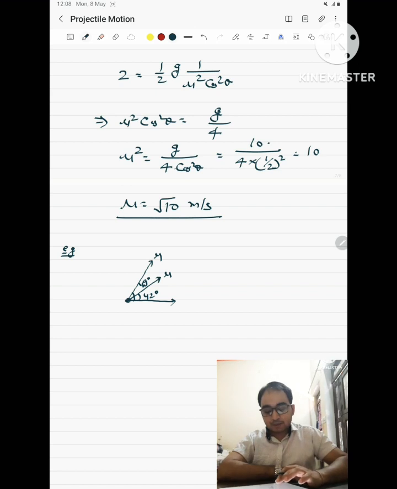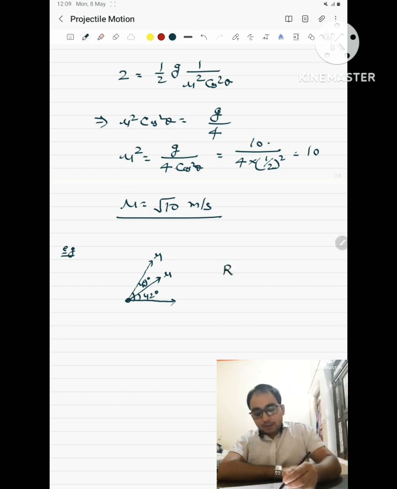The question is, a particle is projected with an angle of 42 degree and the same particle is projected with an angle of 49 degree, and the initial velocity both the times is equal, and that is u. So we have to comment on the range of the particle.